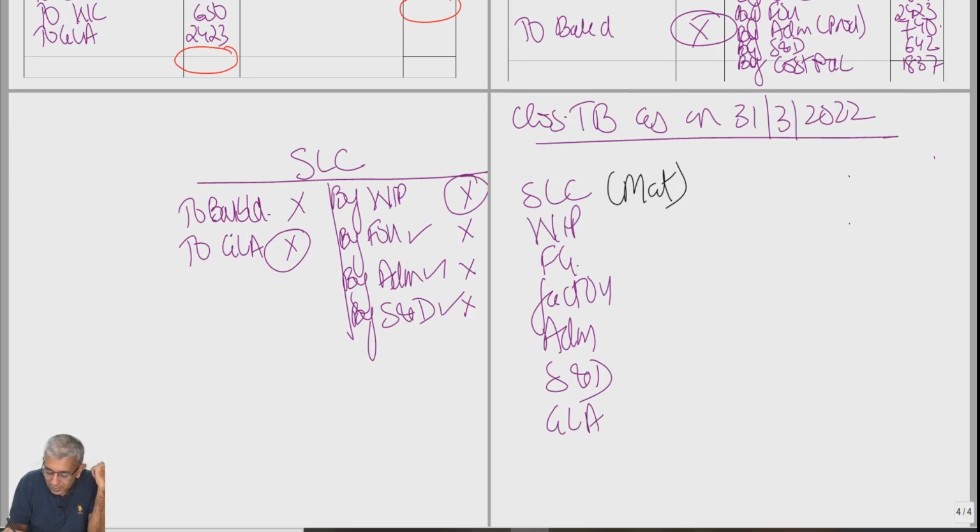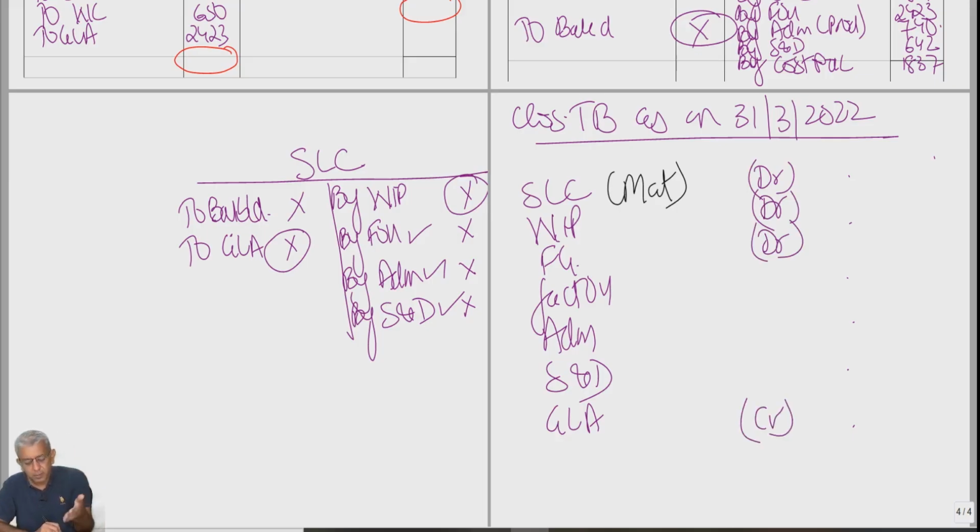All closing balances you all write over here, and against each of them better write down debit or credit. For WIP, finished goods and SLC I have written debit, GLA is always credit, but the other three you will be able to tell me. Finish this off.